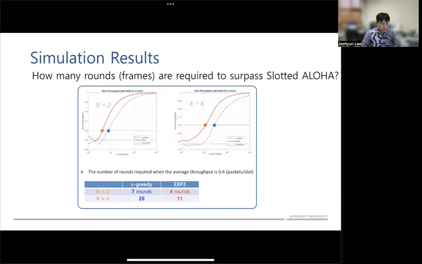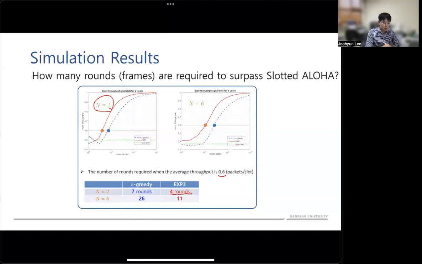Okay, so we count the number of average rounds or frames that is needed to surpass some target throughput of 0.6. In our simulation, when the number of users is 2, EXP3 can beat the average throughput of 0.6 in just 4 rounds.